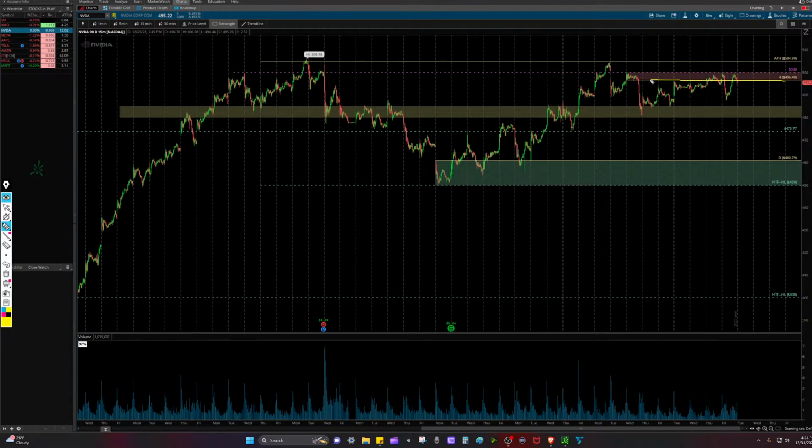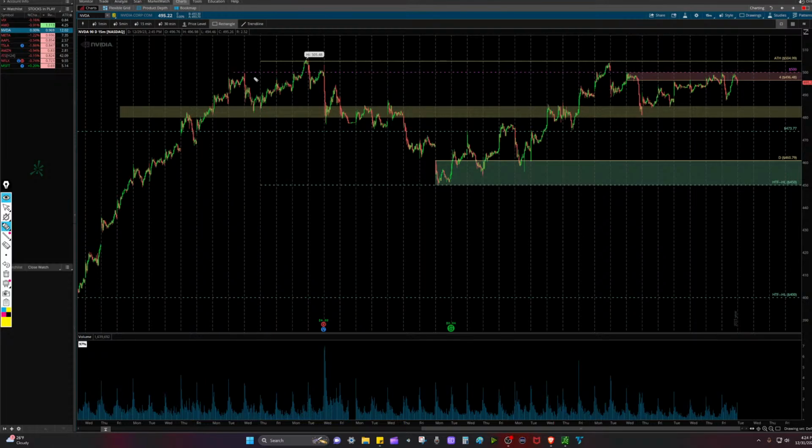Anything in here is a very low probability area, right? Anything above this is a high probability bullish setup. Anything below this is a high probability bearish setup to me.